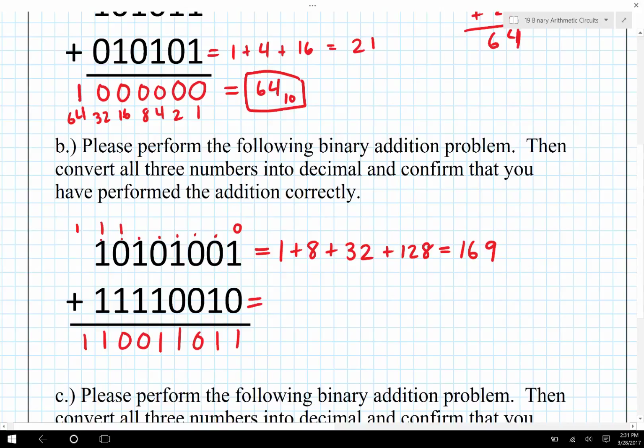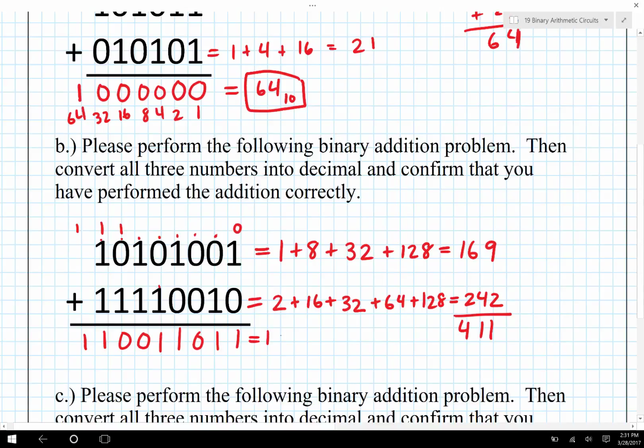And when I do this one, it's a weight of 1. There's a 2 plus 4, 8, 16 plus 32 plus 64 plus 128 gives me a total of 242. And if I add those two numbers together, I get 411. Let's see what I get if I convert the sum.